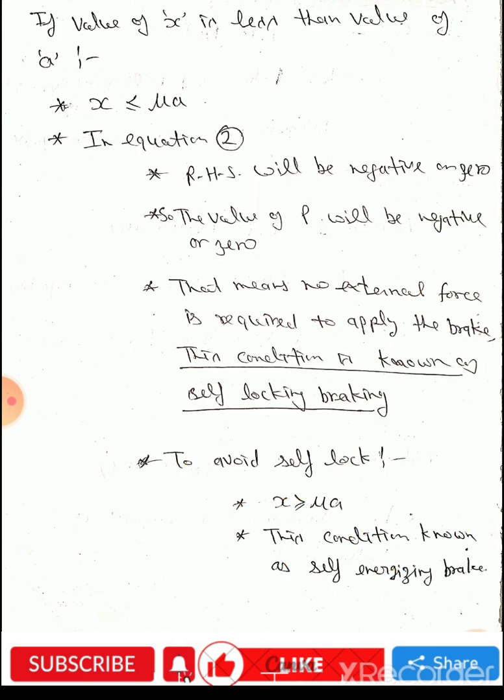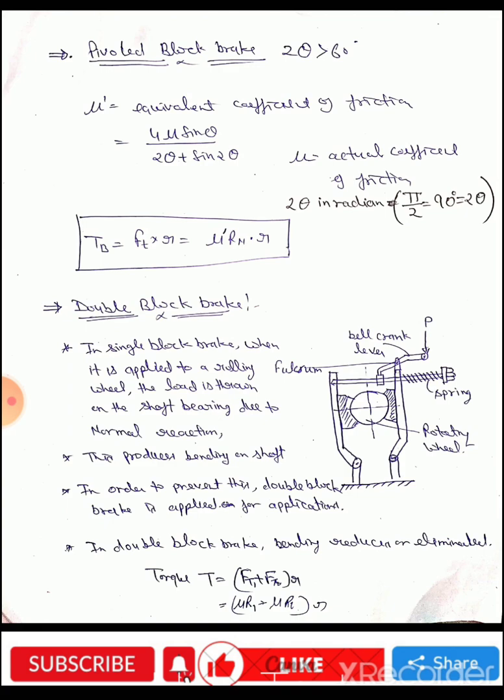This condition is also known as a self-energizing brake. Now all conditions in the single block shoe brake are discussed. Now we move on to the second type of brake, the pivoted block brake.